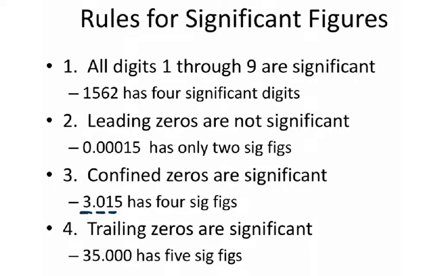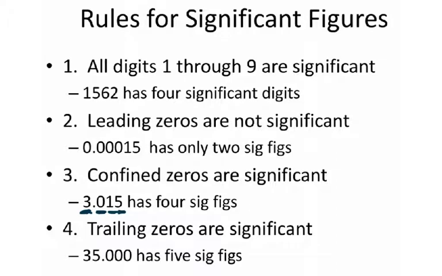According to rule number 3, a confined zero or a captive zero is always going to be significant. Always. So this number here has 4 significant digits, the 3, the 1, and the 5 because of rule number 1, and the 0 because of rule number 3. It's a confined zero, therefore it has 4 significant figures.